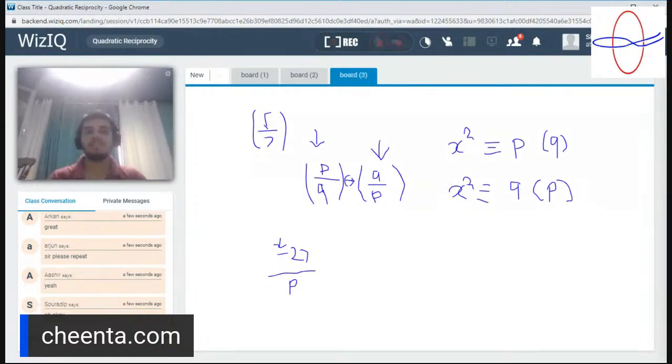And in fact, a direct solution is available for the value of P by Q into Q by P.